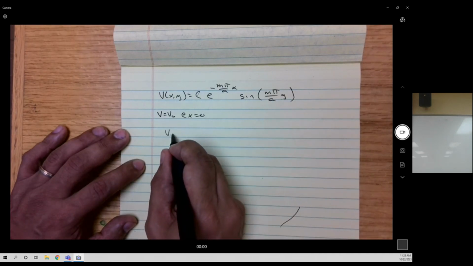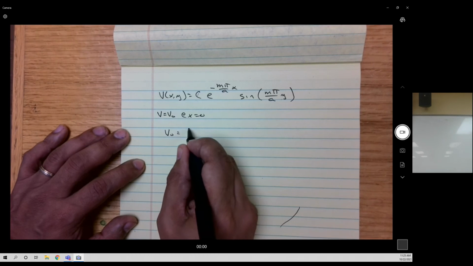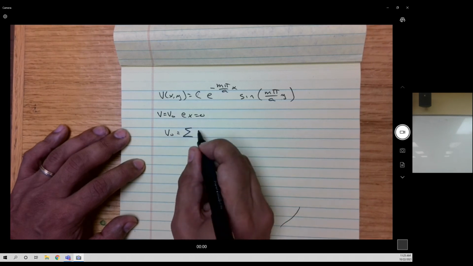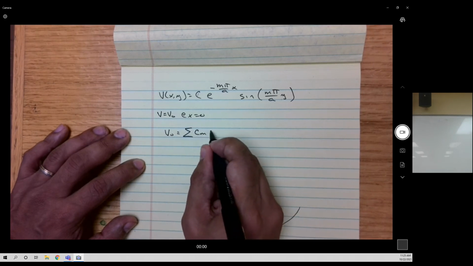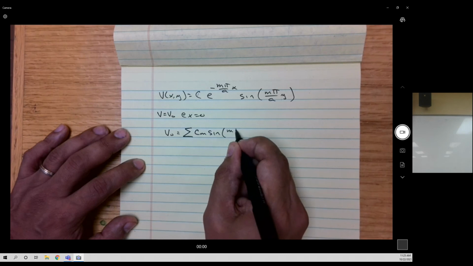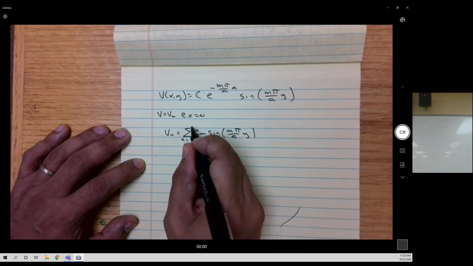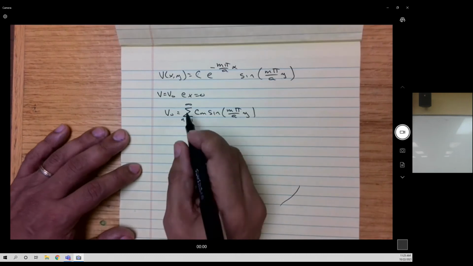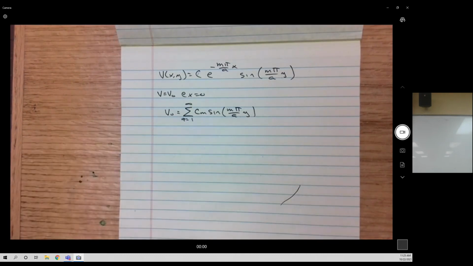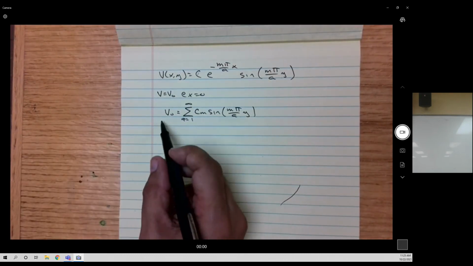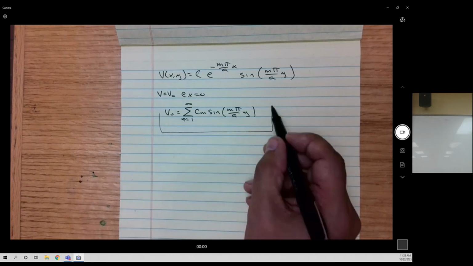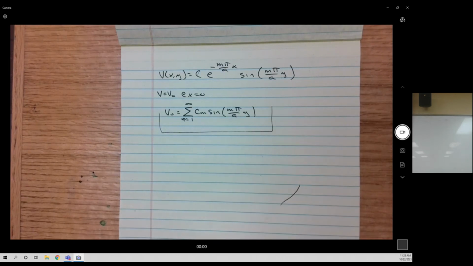So V naught is going to be equal to the sum of Cm sine of m pi over a y, m to infinity. And this is where we were last class.